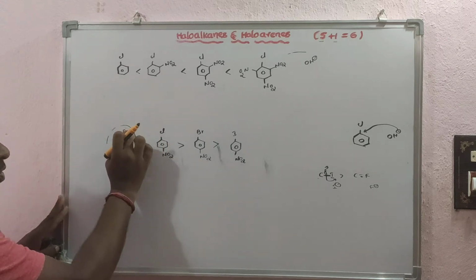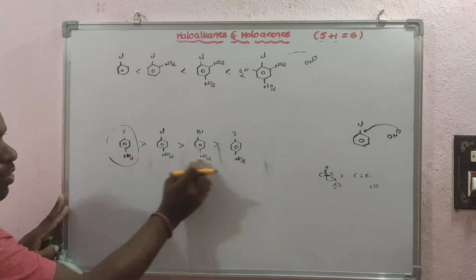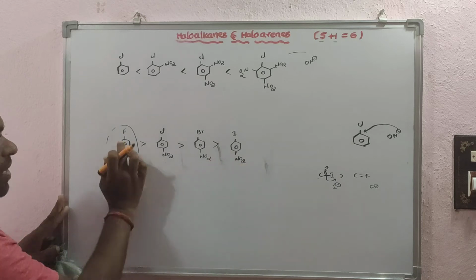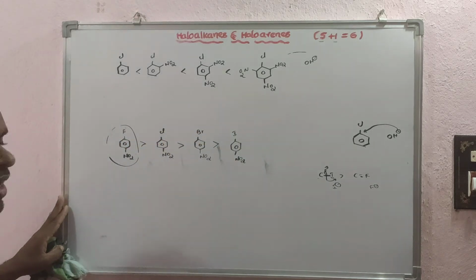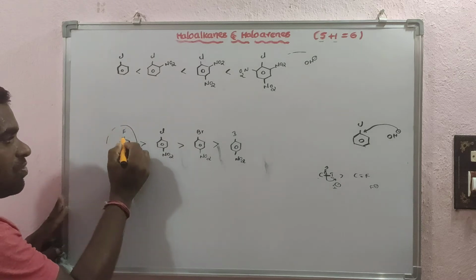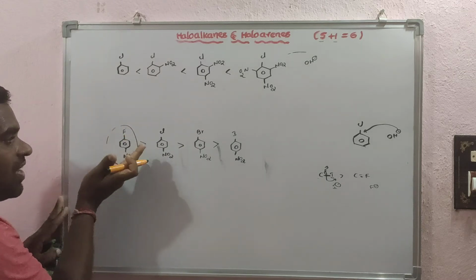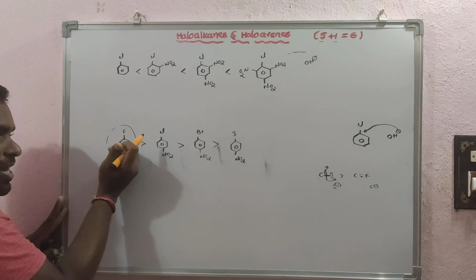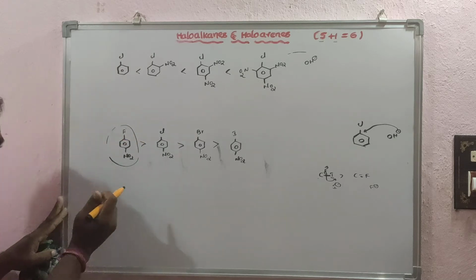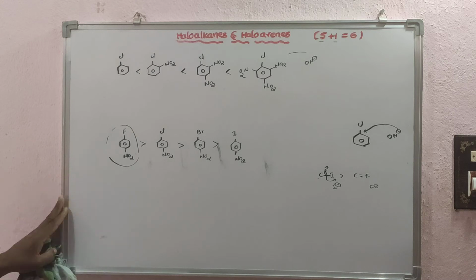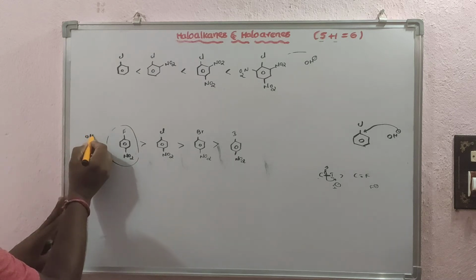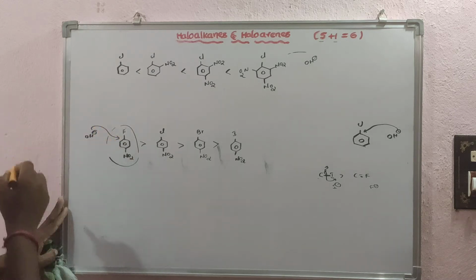Here NO2 is present in all cases, but look at fluorine, bromine and iodine. Which one is more electronegative? Fluorine is more electronegative, so it withdraws electrons from the benzene, and at the same time NO2 also withdraws electrons from the benzene ring. So the electron density on the benzene ring decreases, and nucleophile attack takes place very fast here.